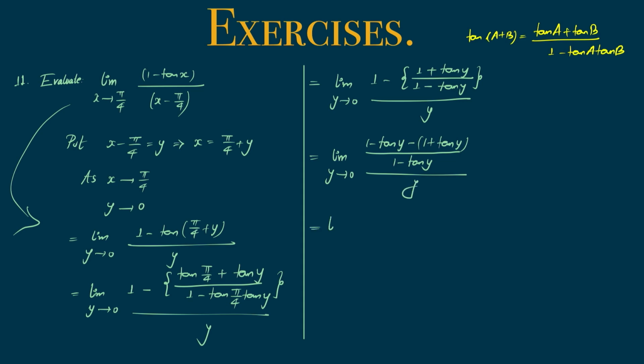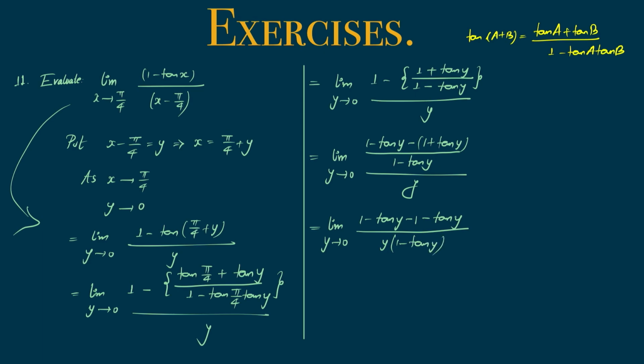So it will be limit y tends to 0 of (1 minus tan y minus 1 minus tan y), divided by y into 1 minus tan y, since this y will come here and get multiplied with 1 minus tan y.